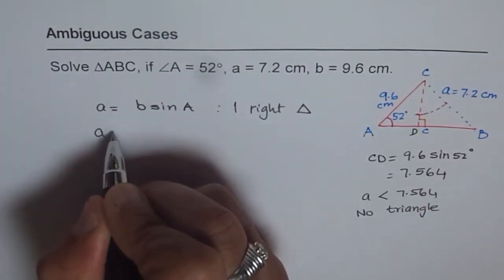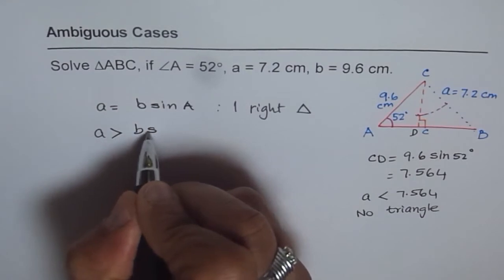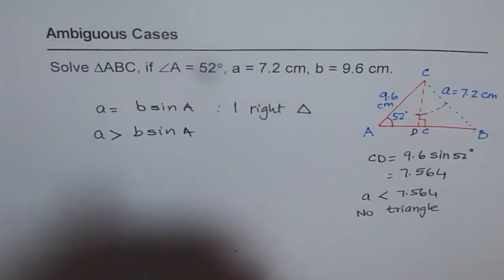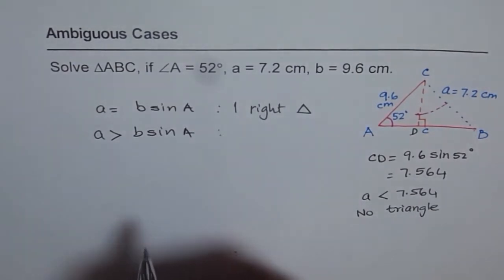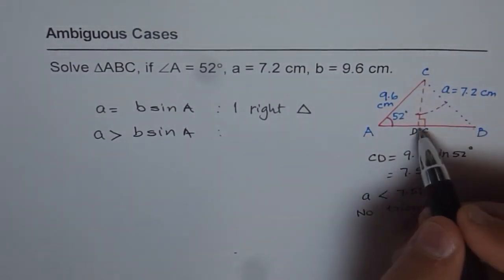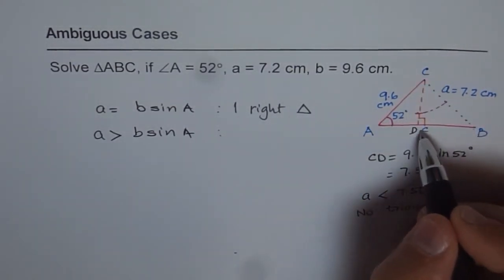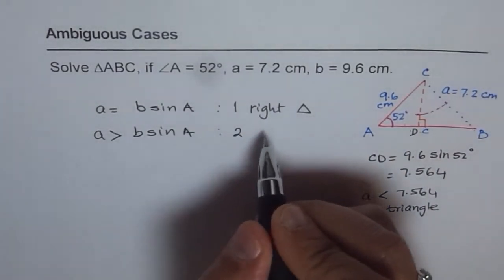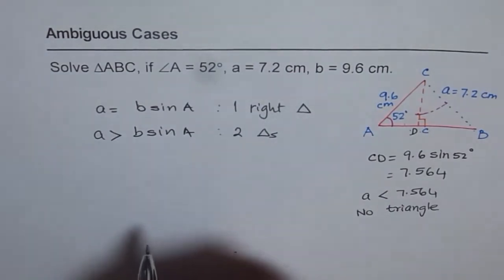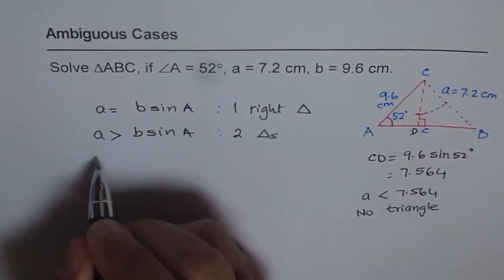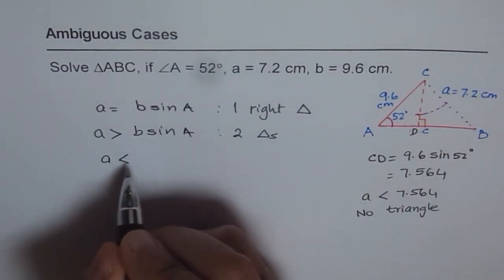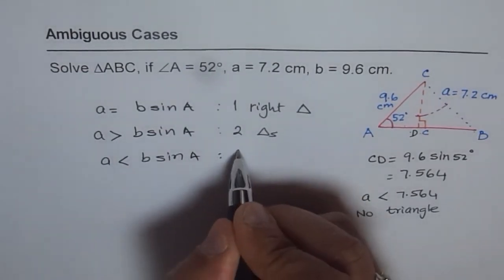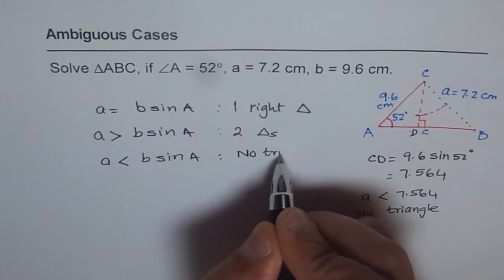In case a is greater than b sine A, if the side would have been greater than CD, then we could get two triangles. Do you see that? But in this case, we saw that a is less than b sine A, so no triangle is formed.